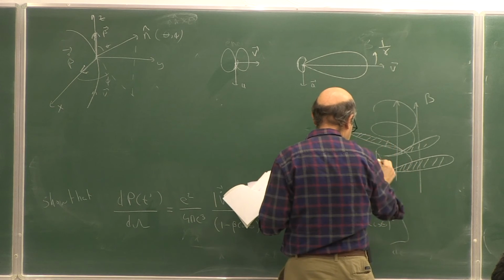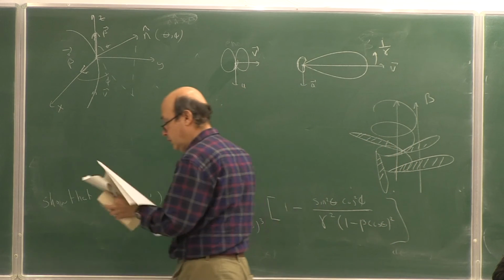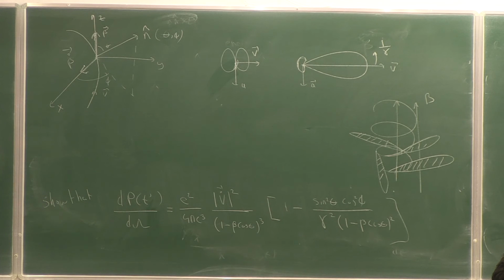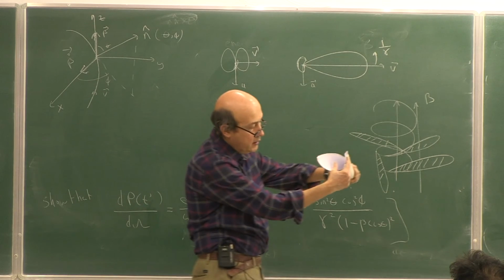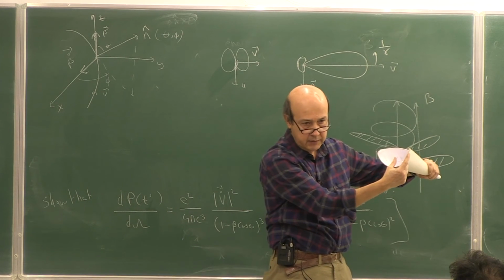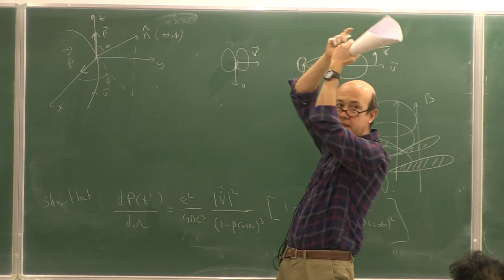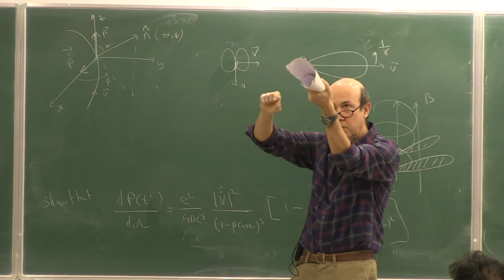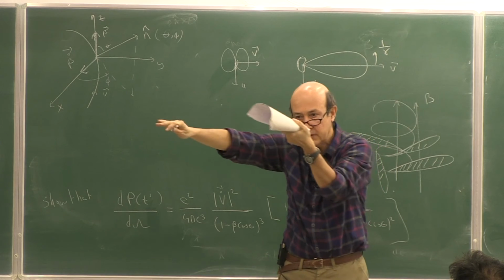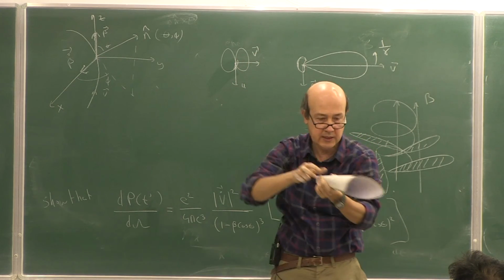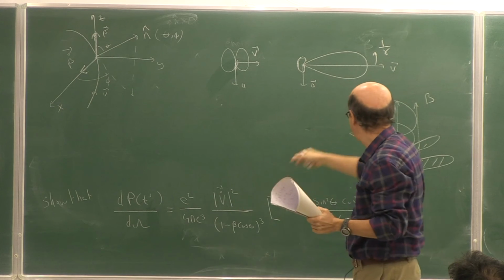When the charge is moving, think about this like a cone. If the charge is accelerating relativistically, the angle is roughly 1 over gamma again. When the charge in the magnetic field is accelerating in circular motion, it illuminates just ahead in the direction of motion, and the width of this cone is roughly 1 over gamma.